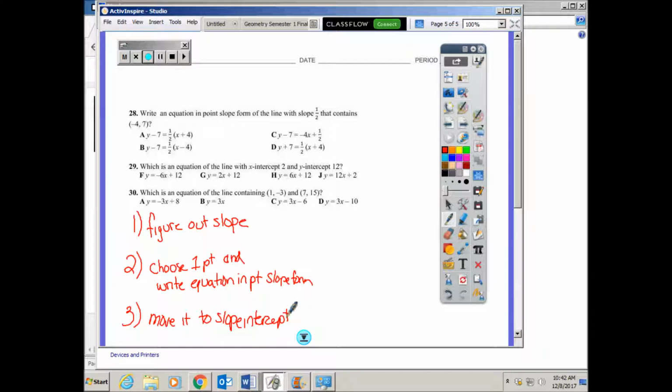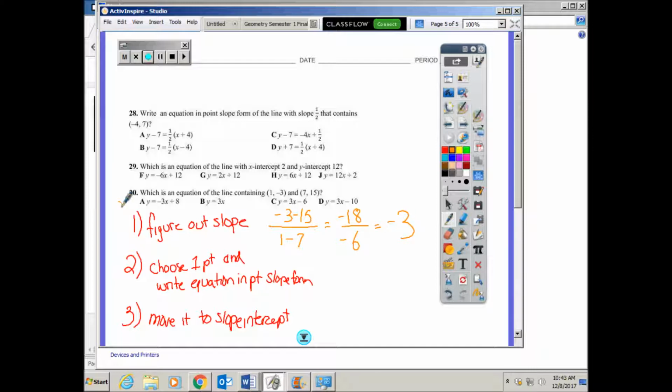Okay? So how do I figure out the slope? y2 minus y1 over x2 minus x1. I'm going to do -3 minus 15 over 1 minus 7. -3 minus 15 is -18. And 1 minus 7 is -6.